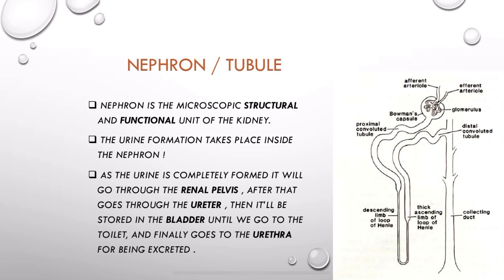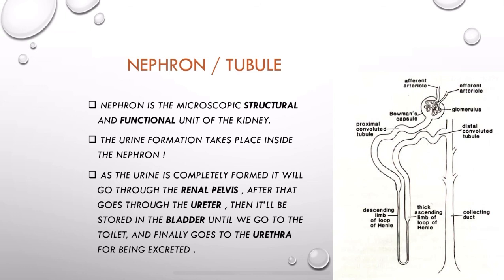The nephron is the microscopic structural and functional unit of the kidney. As you can see in the picture, everything we talked about in this presentation is included inside the nephron: the glomerulus, the Bowman's capsule, the renal tubule, with many kinds of names which are not required for IGCSE.